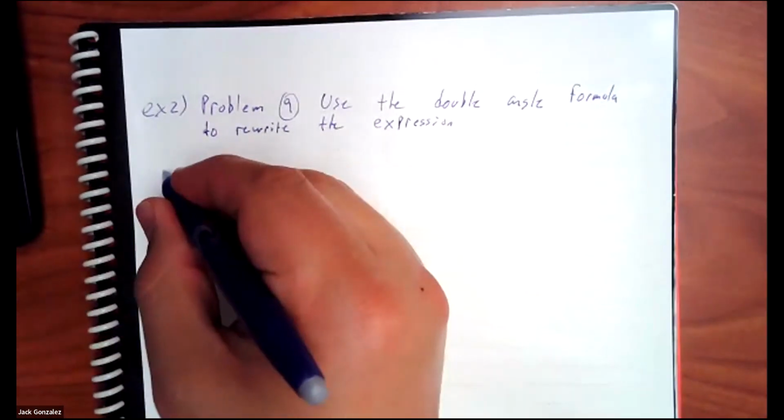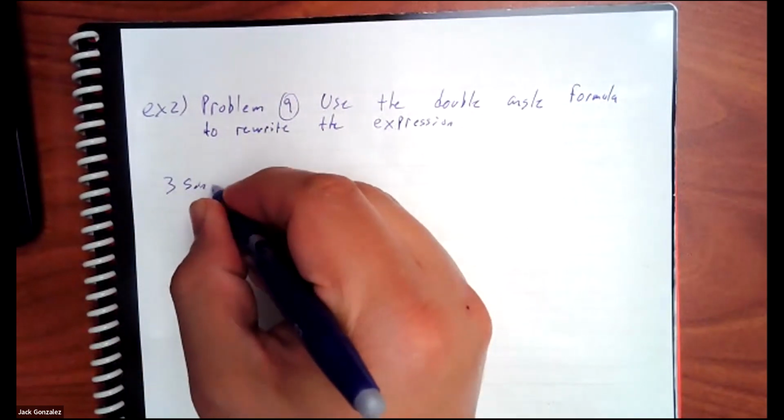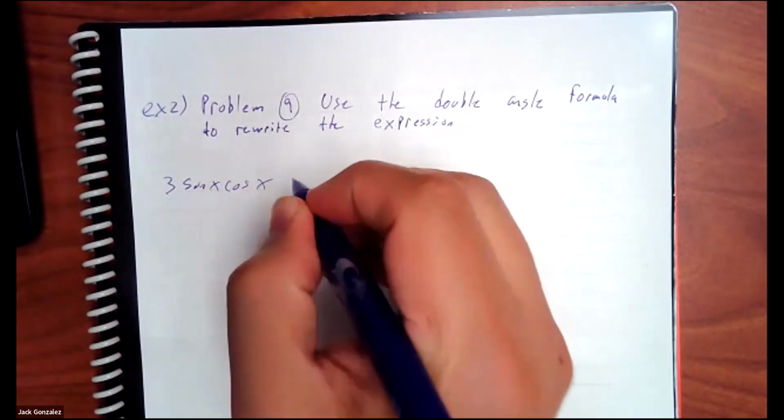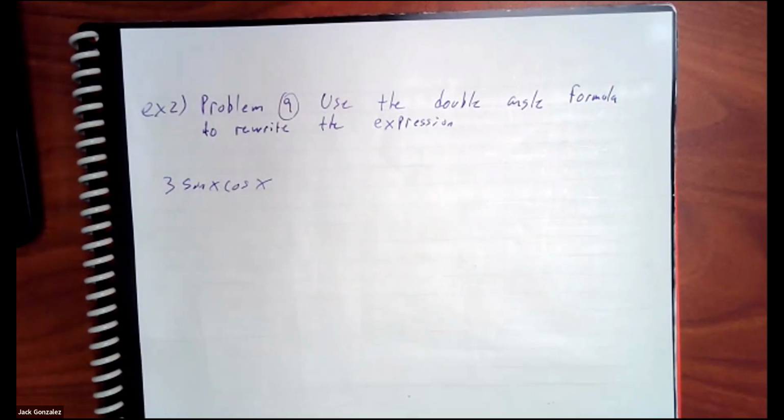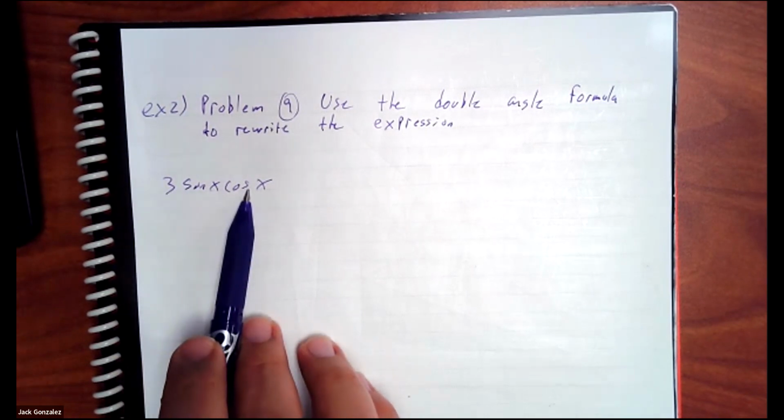Okay. So 3 sine x cosine x. It looks like it's almost a double angle, right? In order to apply it, we would need 2 sine cosine, but we have a 3.